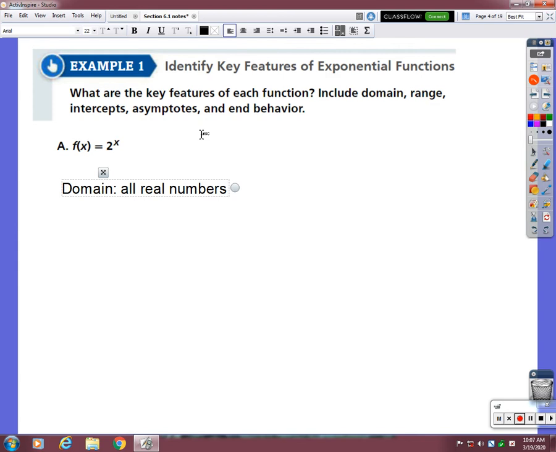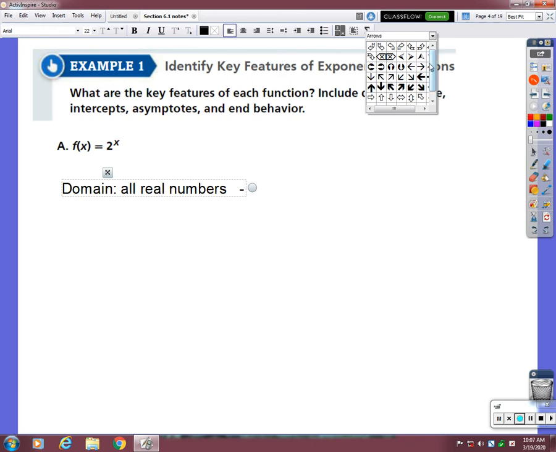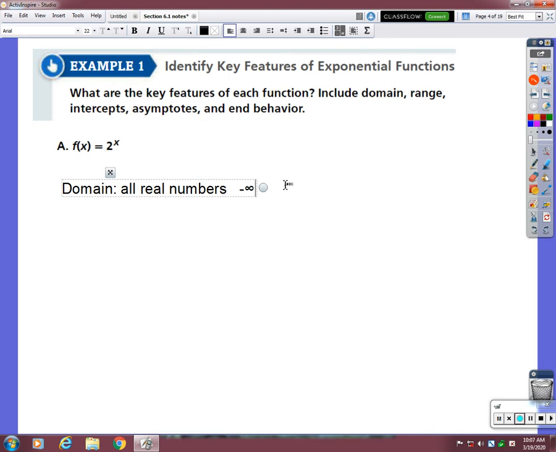And some of you like to write that as negative infinity to infinity. Let's see if there's an infinity up here. Let's go to math. Yeah, so we could go instead negative infinity to infinity, and that would be the same thing. Okay? All right, then the range of the function.